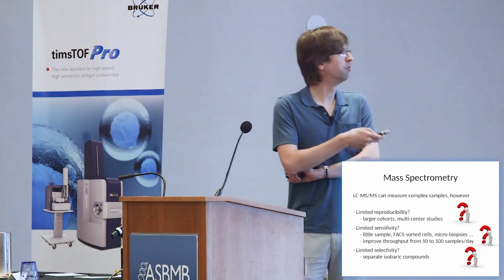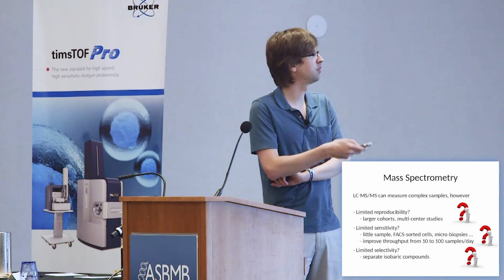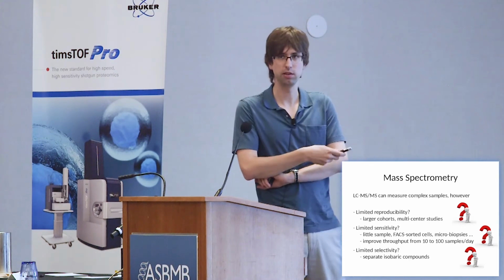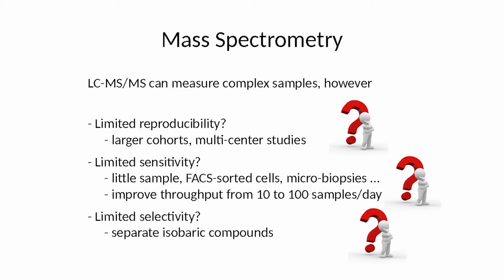When we want to move to larger cohorts or multi-center studies, reproducibility becomes a real challenge in LC-MS. The sensitivity, of course, goes in the direction of what Matthias outlined: if we have very little sample amount, sorted cells or even single cells, or if we want to improve the throughput from currently maybe tens of samples a day to 100 or more samples a day.